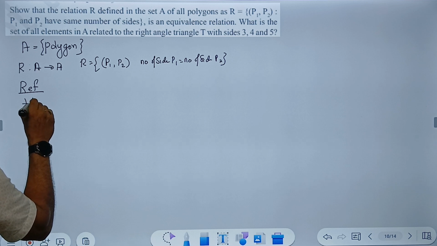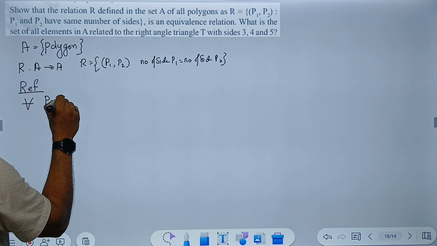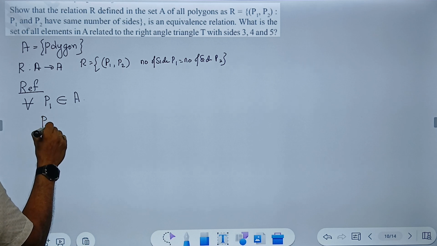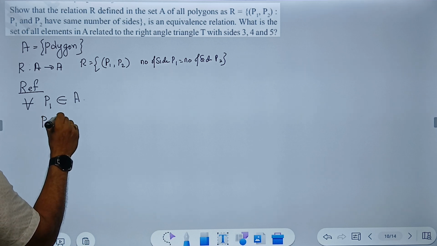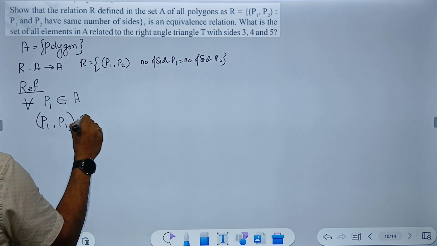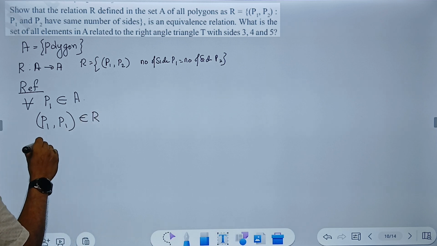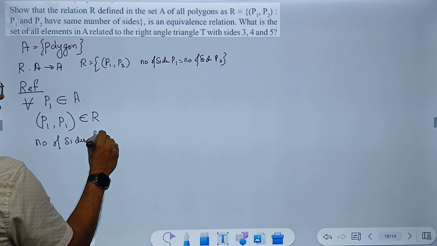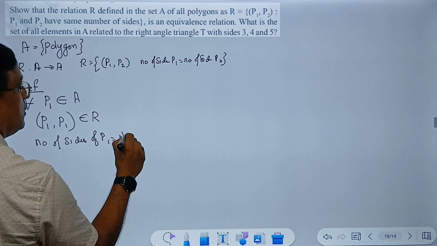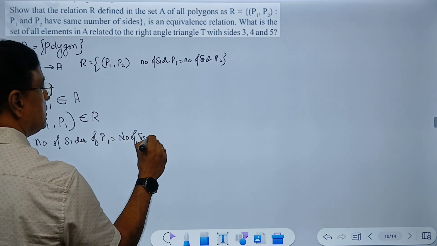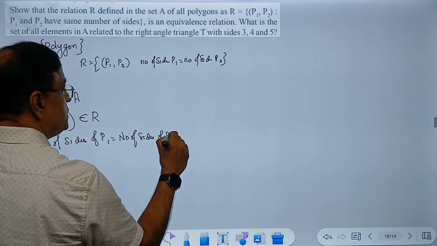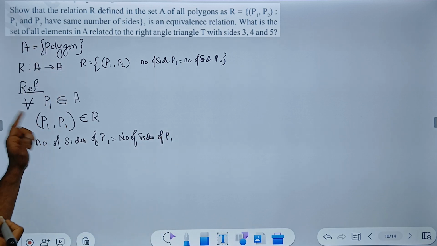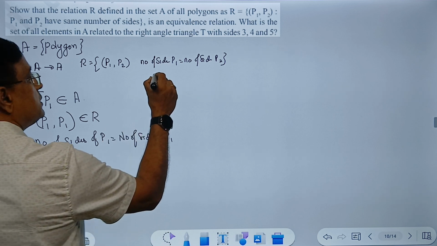For every P1 belongs to set A, you know very well (P1, P1) will be related. Why? Because the number of sides of P1 equals the number of sides of P1. It's a very stupid statement, but just for the sake of writing, I am writing it. (P1, P1). What is symmetric?